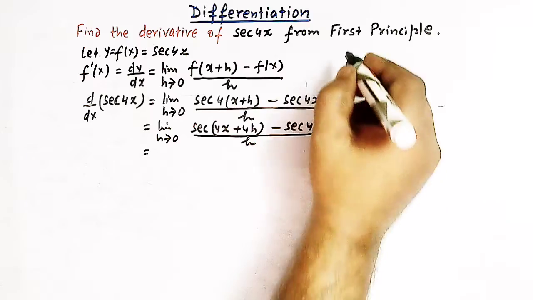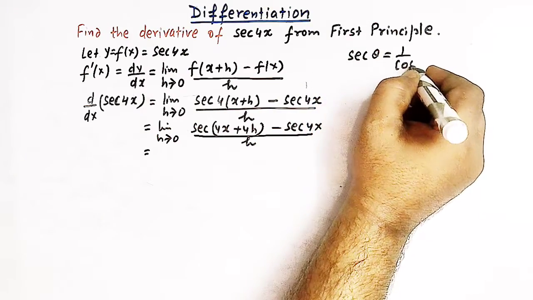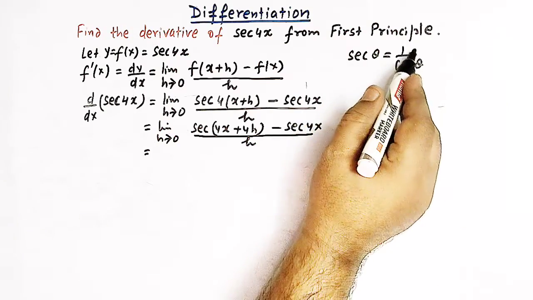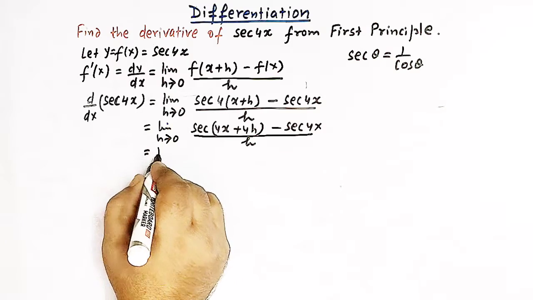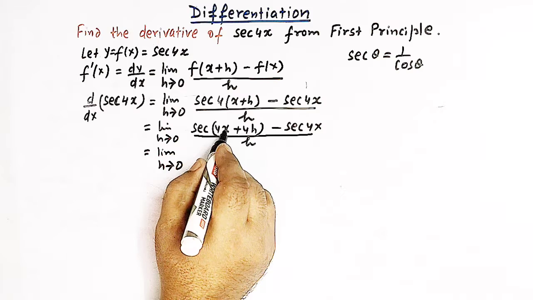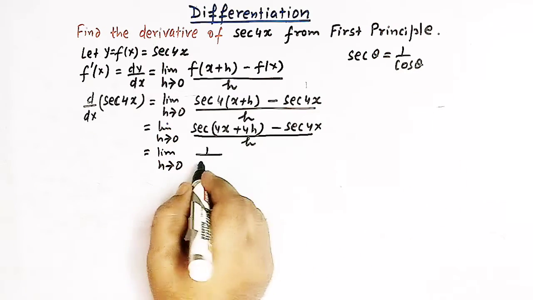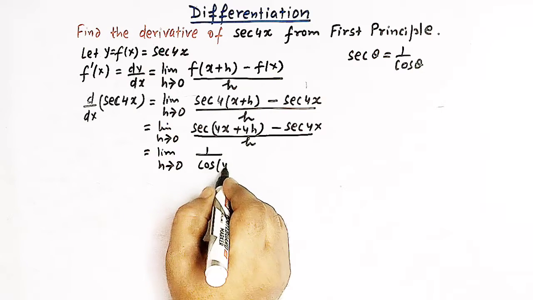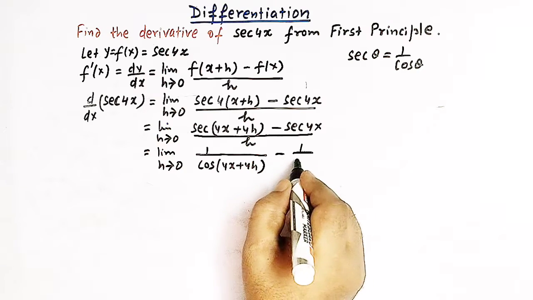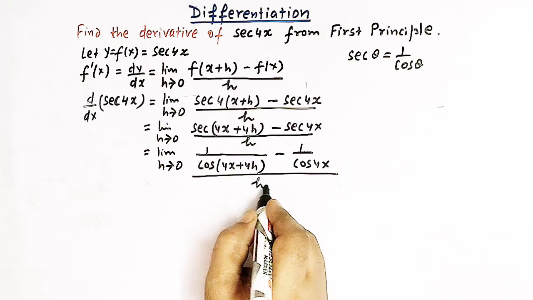Now from trigonometry we know that secant theta is equal to 1 over cosine theta. Using this reciprocal relation, we can write limit h tends to 0, and secant of 4x plus 4h as 1 over cosine of 4x plus 4h, minus 1 over cosine of 4x, divided by h.